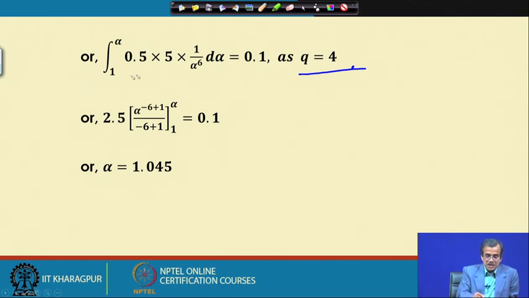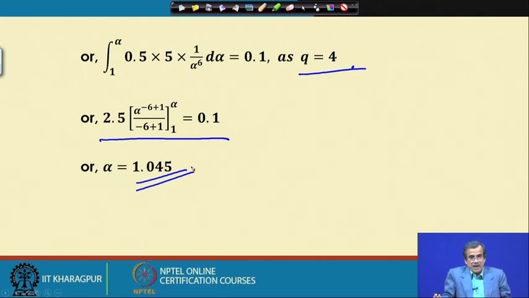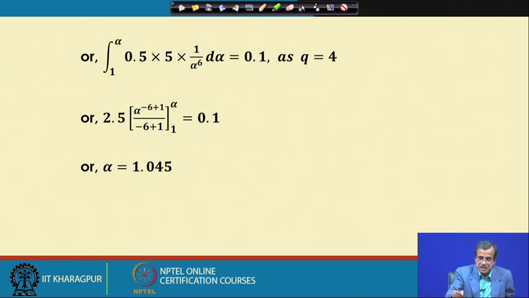If you carry out this integration and solve for alpha, alpha will become 1.045. So, slightly more than 1.0, and this is obvious because I am in the expanding zone.